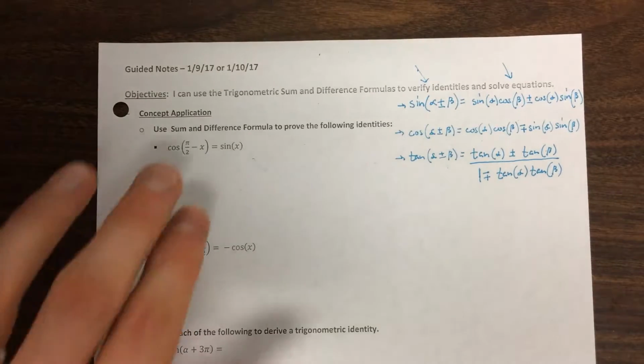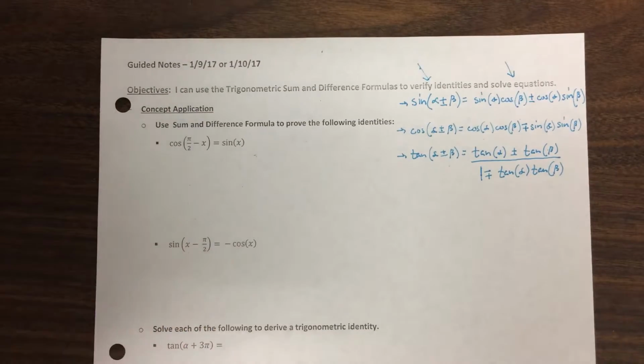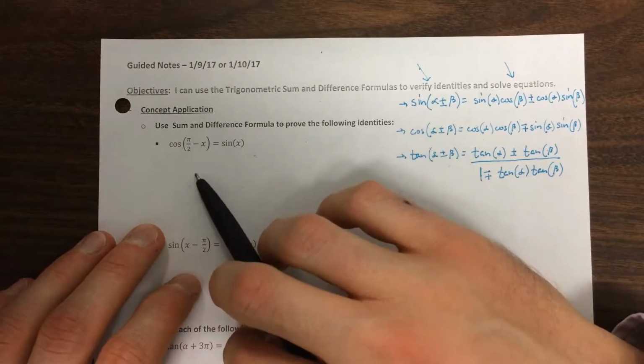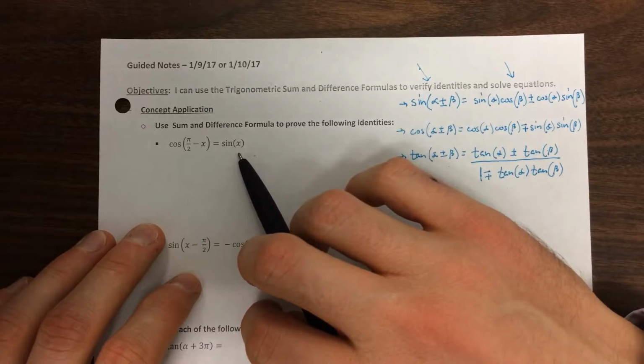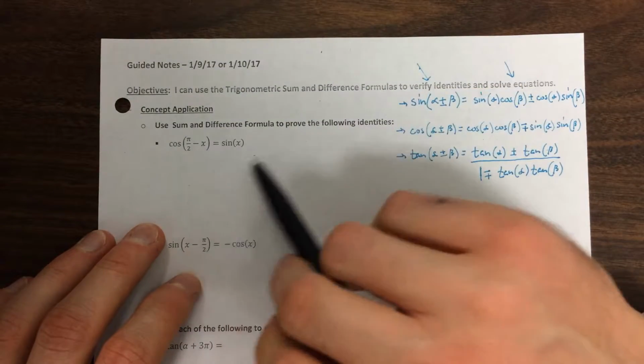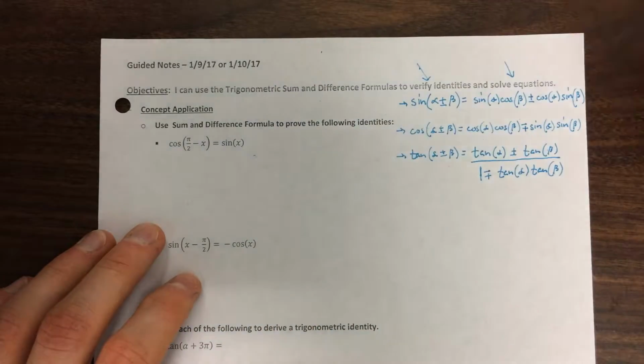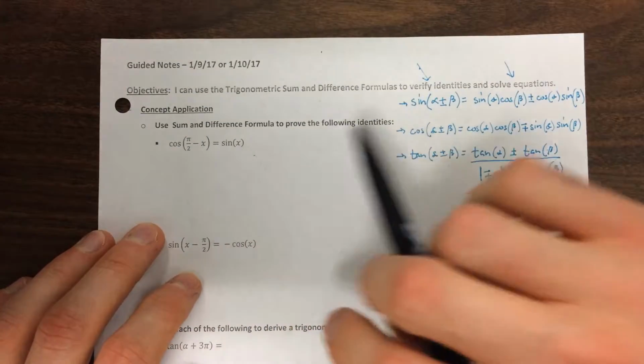So for example, I'm going to go ahead and do this one, give you time to work on that, and we'll go from there. If you have cosine of pi over 2 minus x equals sine of x. We know this, we actually showed this last semester by graphing, doing transformations, and this is one of our co-function identities.